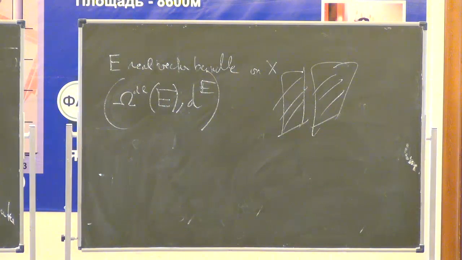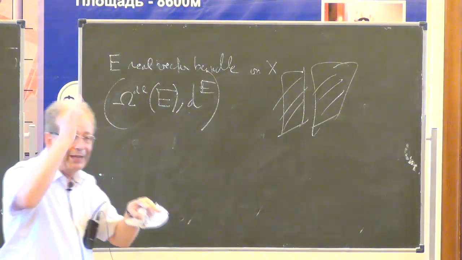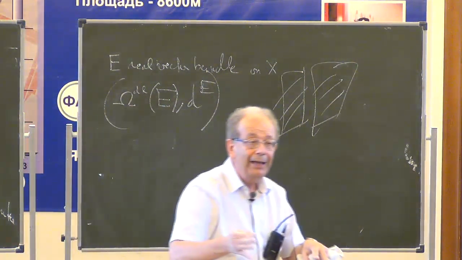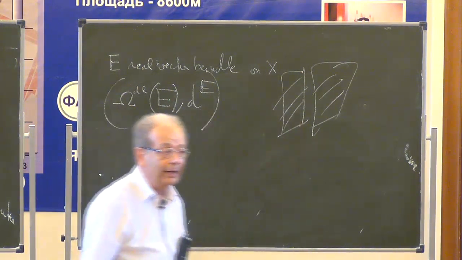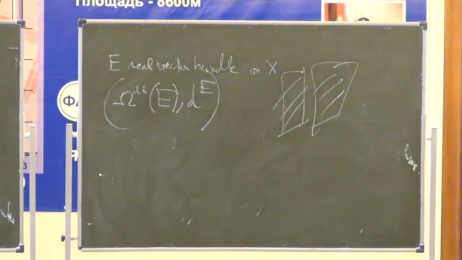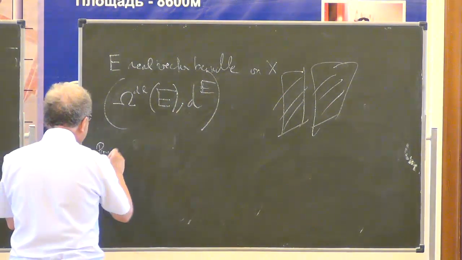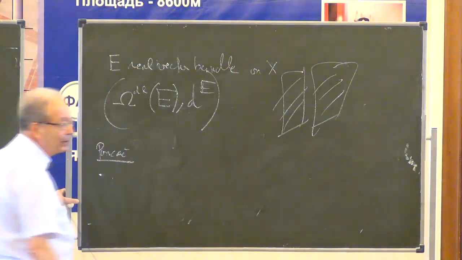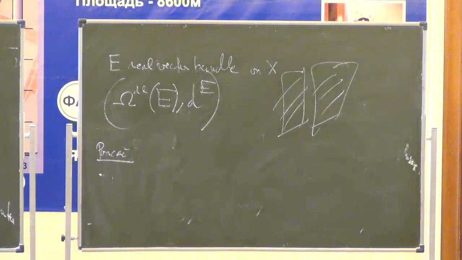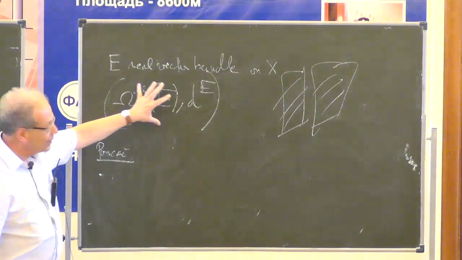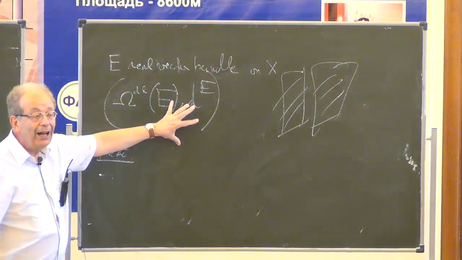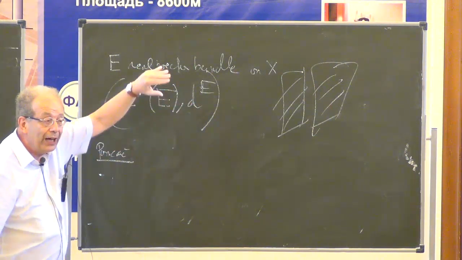Okay, so in other words, I take smooth sections of the exterior algebra of the fiber equipped with the fiber-wise de Rham complex. So using the Poincaré lemma, which says that the cohomology of a vector space is concentrated in degree 0, what we know is that the cohomology of this object here are just the forms which are constant.